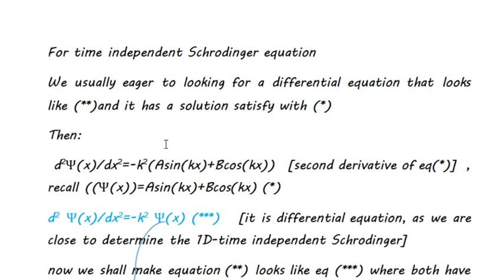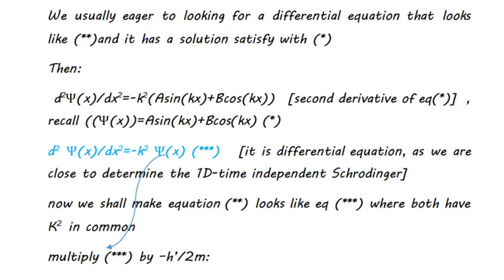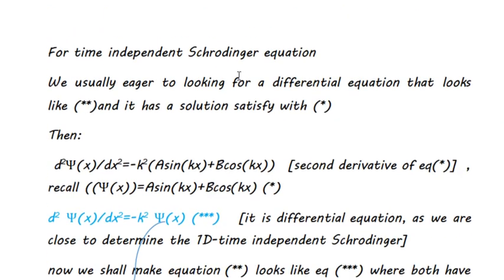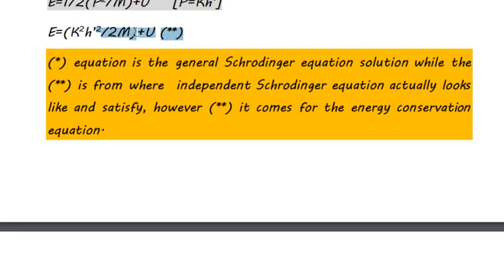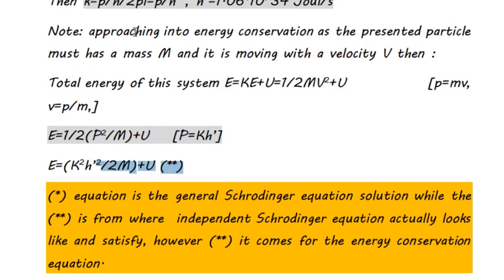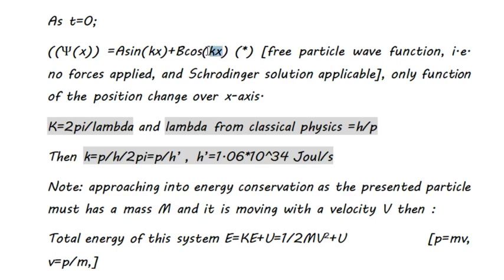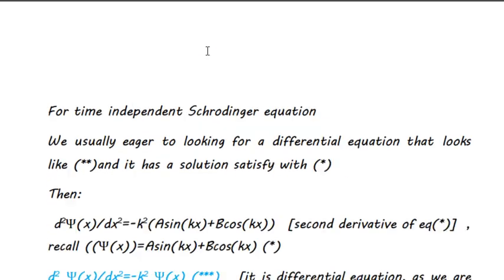As we are dealing with the time independent Schrodinger equation, we are usually looking for a differential equation that looks like equation 2 and has a solution satisfied by equation 1. So this is the form the Schrodinger equation looks like, and this is the form of the solution of that time independent Schrodinger equation.